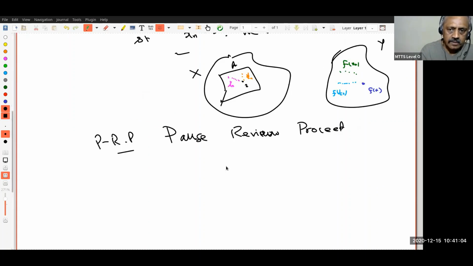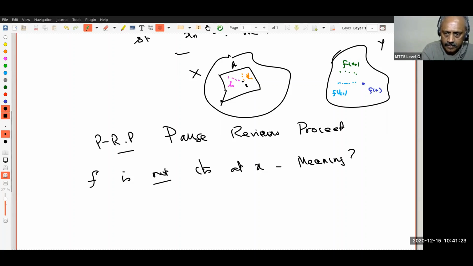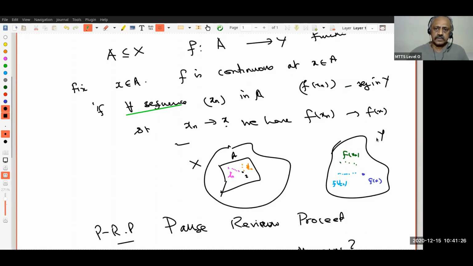Now, even before looking at examples to appreciate the definition, let us look at what happens. Suppose I say f, as above, is not continuous at x. What is the meaning? f is continuous at x in A says that for every sequence x_n in A such that x_n converges to x, something must be true. So if f is not continuous at x, what does it mean?